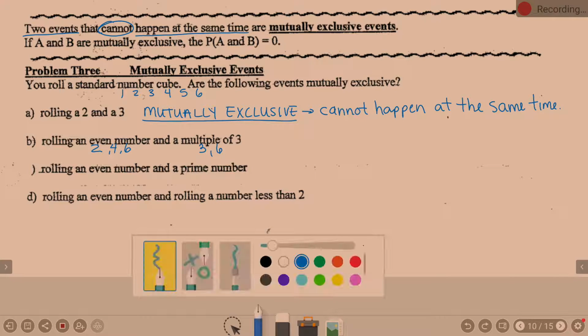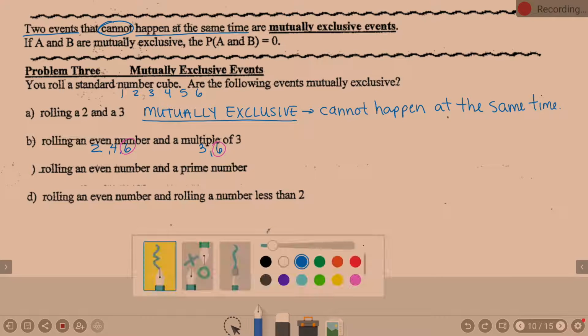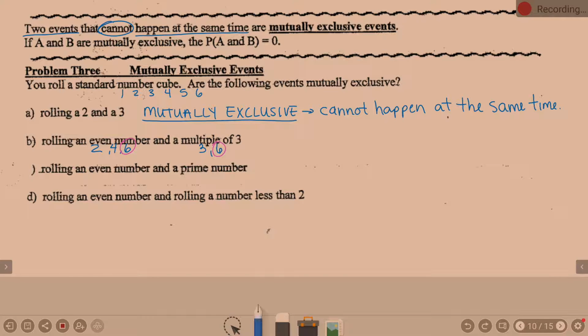So here's the deal. Can I roll an even number and a multiple of 3 at the same time? Yes, because I could roll a 6, and a 6 satisfies both pieces. So is this mutually exclusive or not mutually exclusive? Not mutually exclusive.